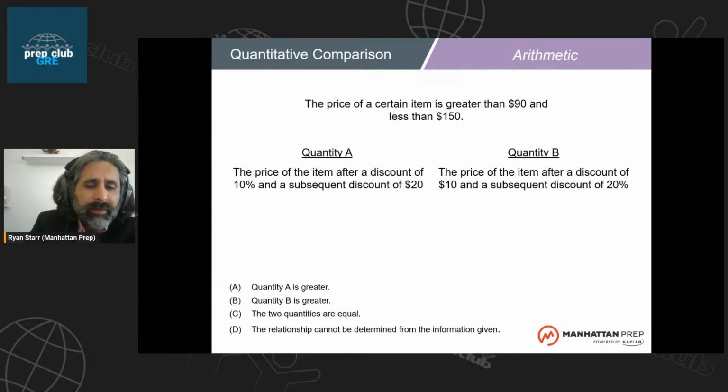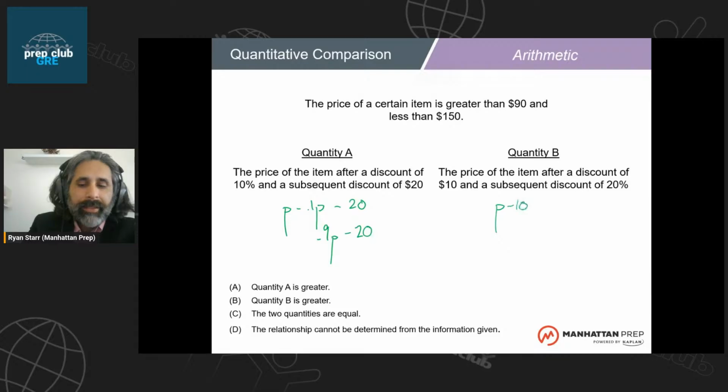Price after a discount of 10% is that price minus 10% of the price. And then a subsequent discount of $20 brings you there. So 0.9 of the price minus $20. If, however, you're doing the $10 discount first, you've got this price minus 10, and the subsequent discount applies to this whole thing.